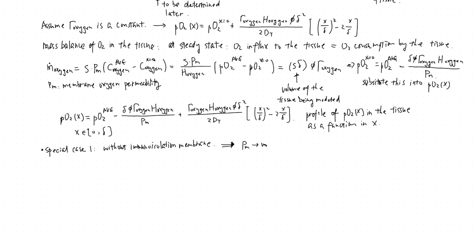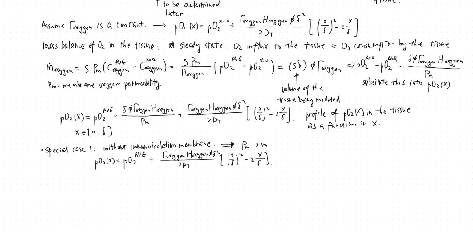Then you have a simplified expression. It's a PO2 average plus the rest term. So that means the concentration at the surface, or at x equal to 0, is the same as the concentration in the environment because there is no membrane separating these two. So whatever happens at the surface of the tissue would be given by the environment.